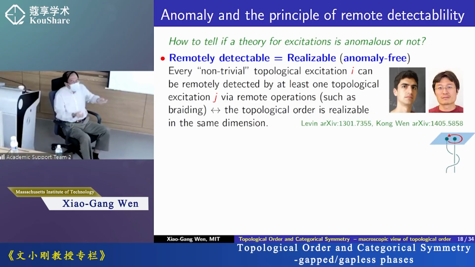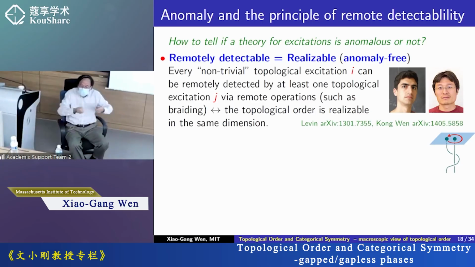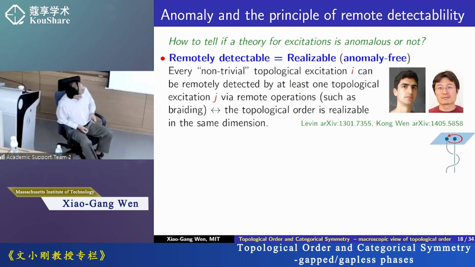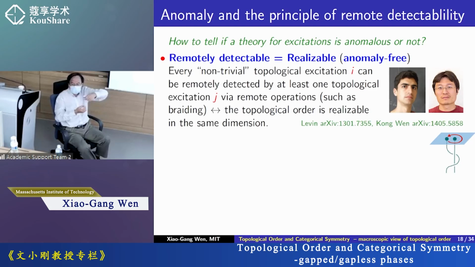But in one dimension, we cannot do braiding. There's no room to do braiding. Therefore, topological excitations in one dimension are not remotely detectable. There's no such remote detector. In higher dimensions, because we have braiding, a non-trivial particle excitation is consistent.